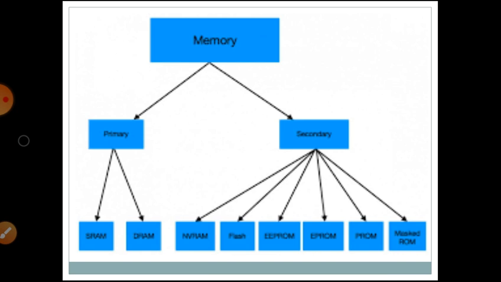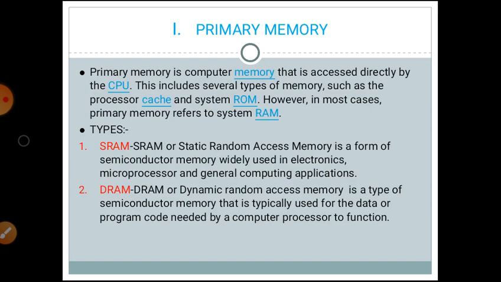Then the next one is PROM, that means programmable ROM, and the last one is masked ROM. These are the types of memory. Now we first discuss primary memory.